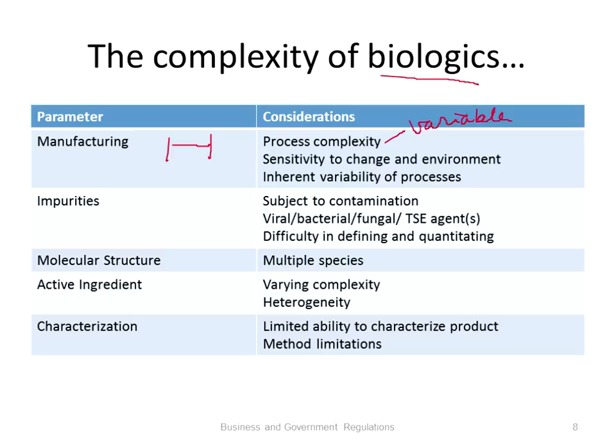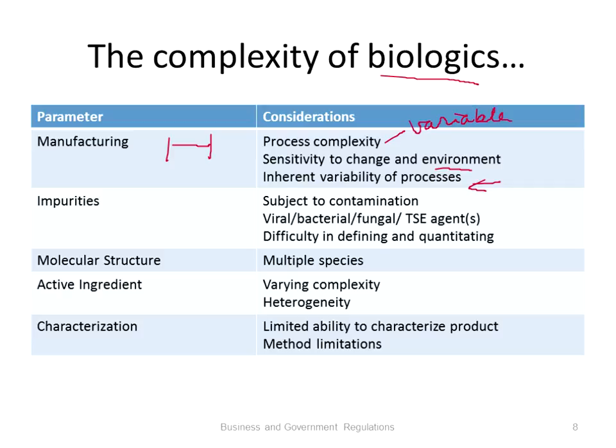Also, because the process is complex, we cannot rely on the product testing alone, because we have to make sure that we make the process as consistent as possible. There is sensitivity to change and environment. For example, the product is labile. If you change the temperature a little bit, it may degrade. And there is the inherent variability of the process that I talked about.